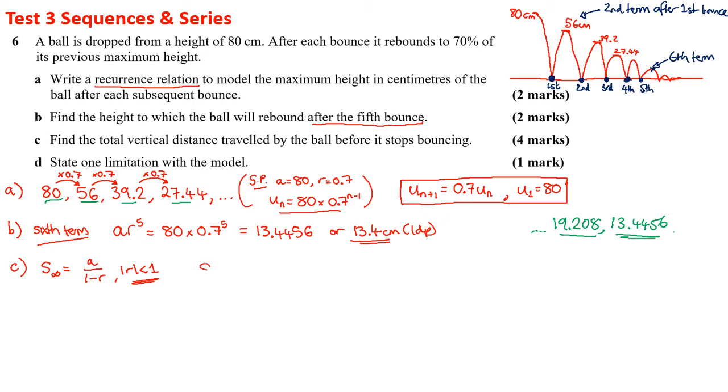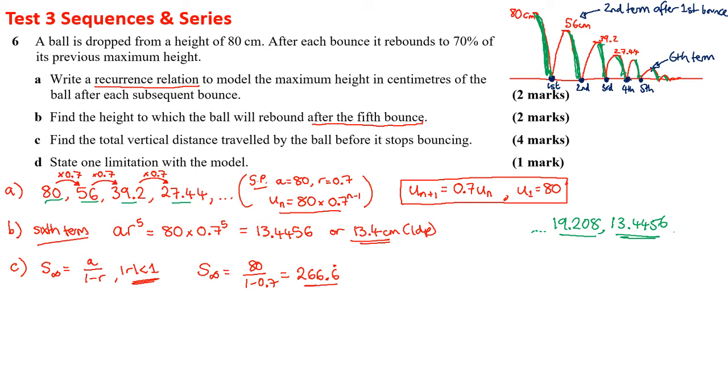So here my sum to infinity is 80 over 1 minus 0.7. That gives me 266.6 recurring. I'm just going to colour on my diagram in green what that represents. And I can think of it as all of these downward distances.